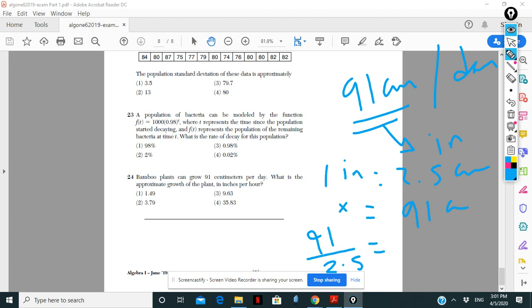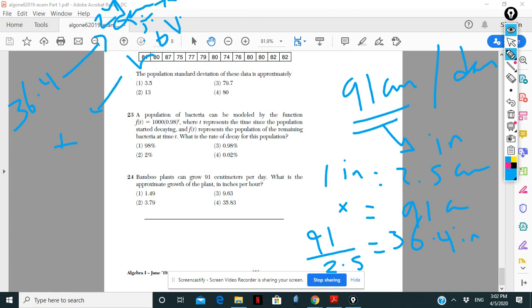Using the calculator, 91 divided by 2.5 comes to 36.4 inches per day. I need it per hour, so I divide by 24. So it's approximately 1.49. So the answer is number 1.